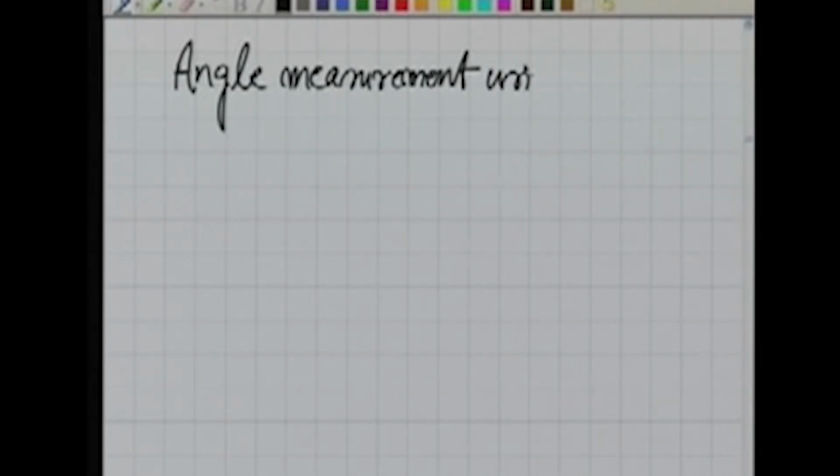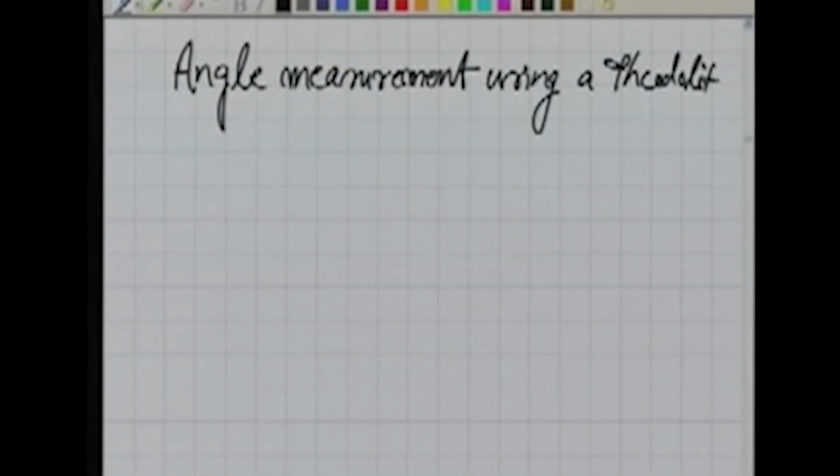Okay, having done this, now we will go for a more important thing. We want to measure an angle. Angle measurement using a theodolite. What are the steps? What all do we need to do when we want to measure the angle using a theodolite?